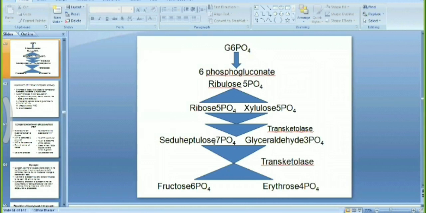Then again they condense together under the influence of transaldolase, this 7 and 3, 10 carbon, producing fructose 6-phosphate and erythrose 4-phosphate. Fructose 6-phosphate we know has 6 carbon, erythrose 4-phosphate has 4 carbon.